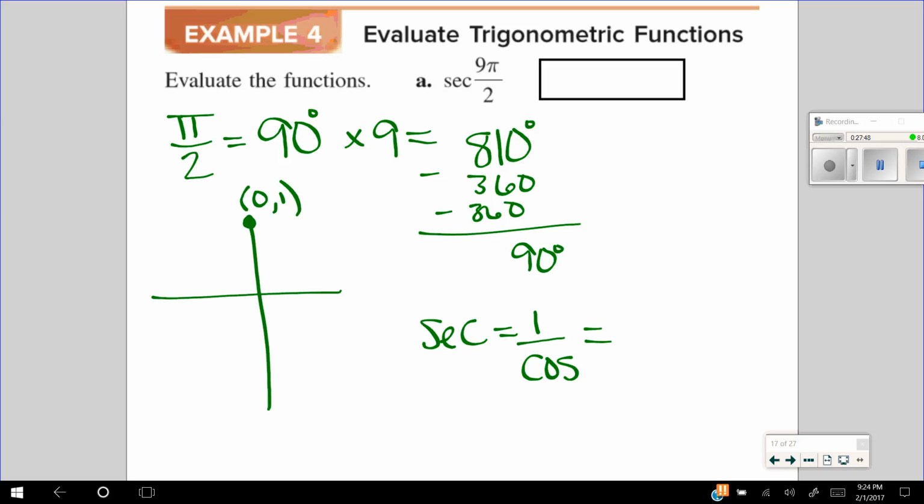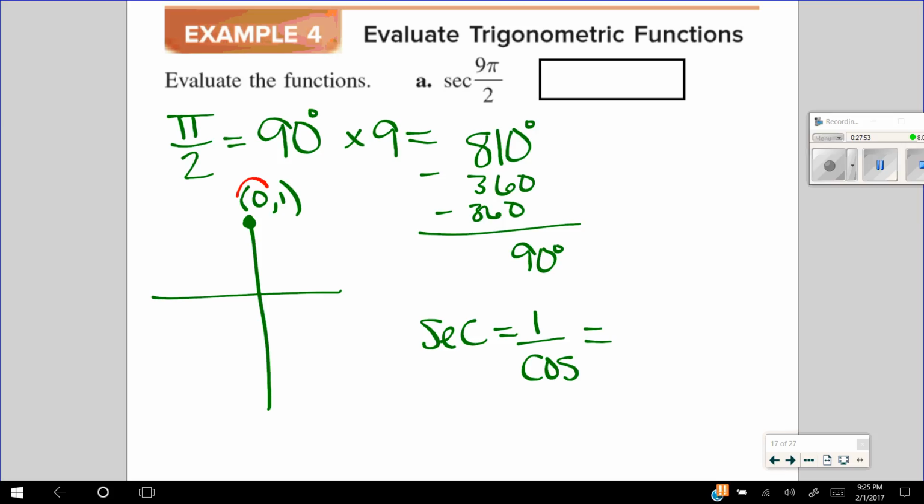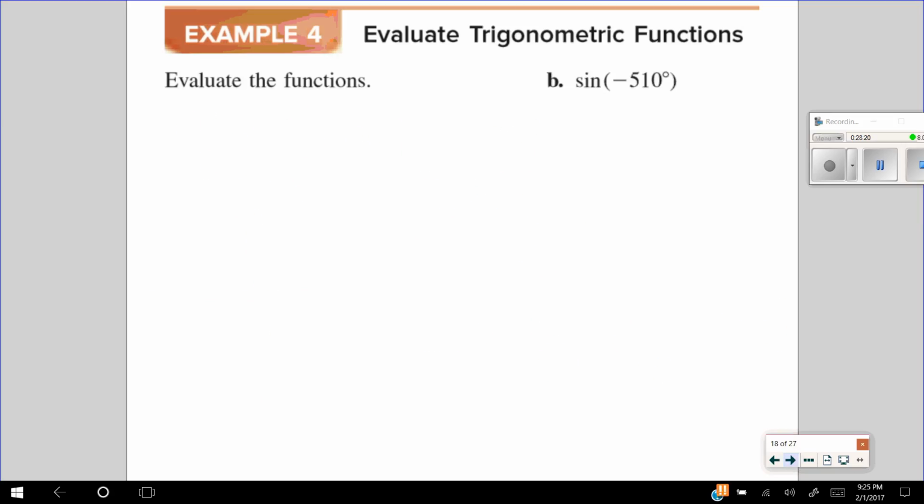And the cosine is the x coordinate of your point, the ordered pair. So 1 over the cosine coordinate, which is 0, is actually undefined, right? The denominator can't be 0. So that's actually just undefined. And that's just how it is. Okay? This is like all the other ones we've done, so I'm just going to skip this one.